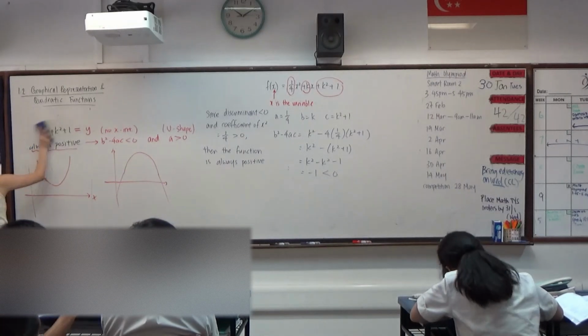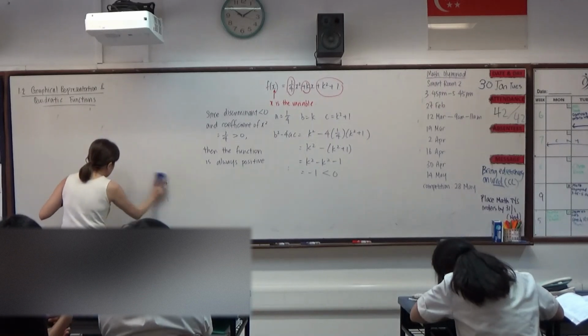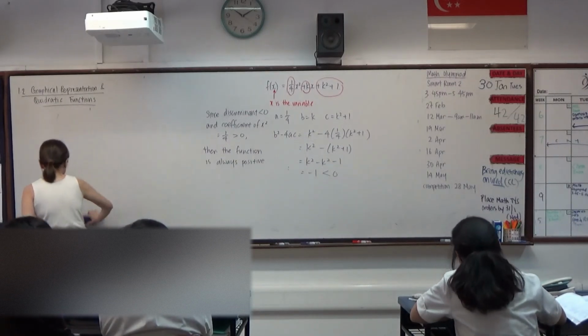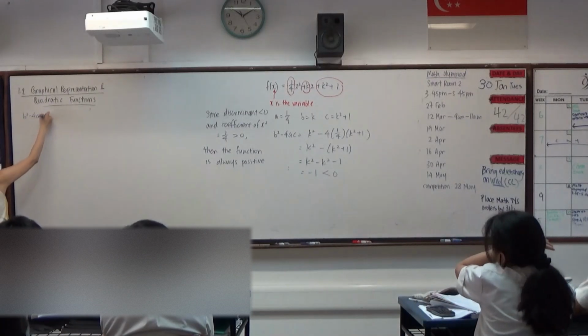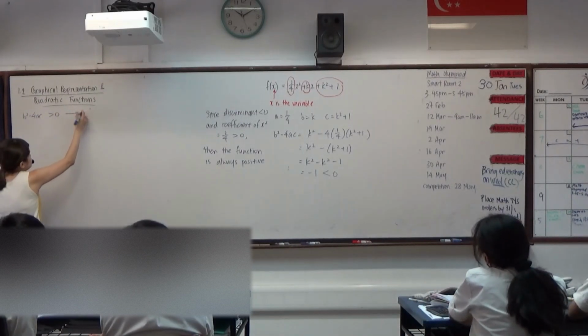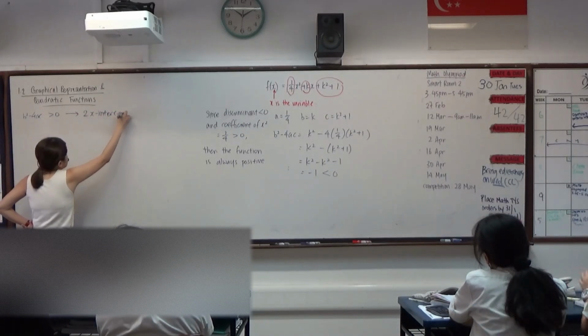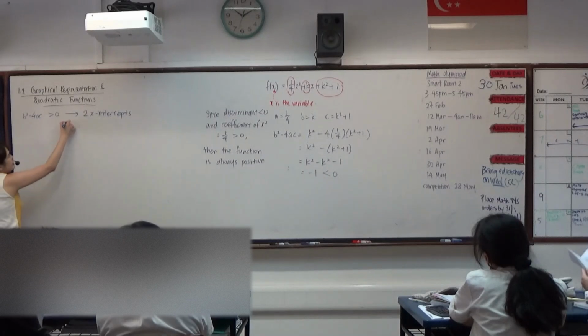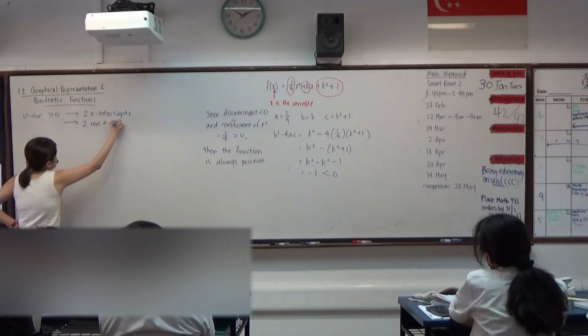I just want to sum up very neatly what we have learned today. We learned about the discriminant being more than 0. That tells us that there are two x-intercepts or two real and distinct roots.